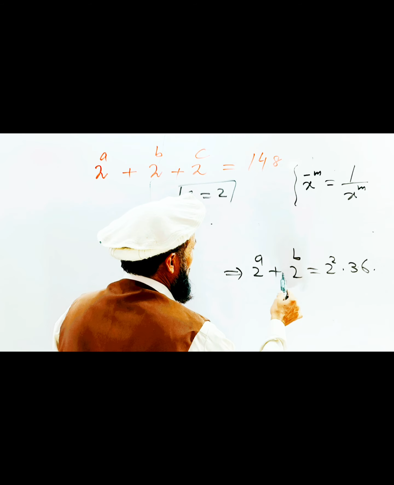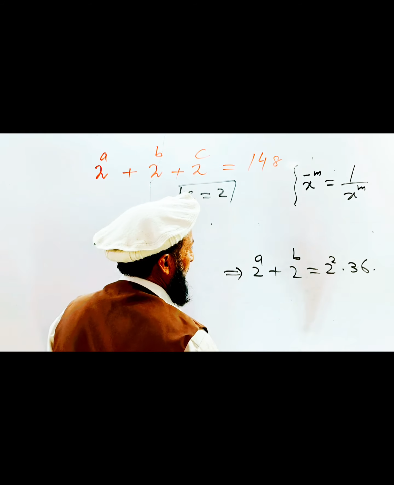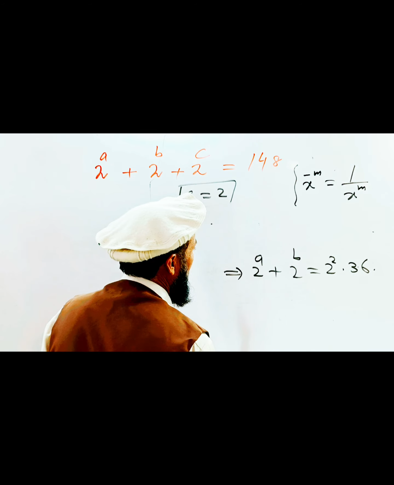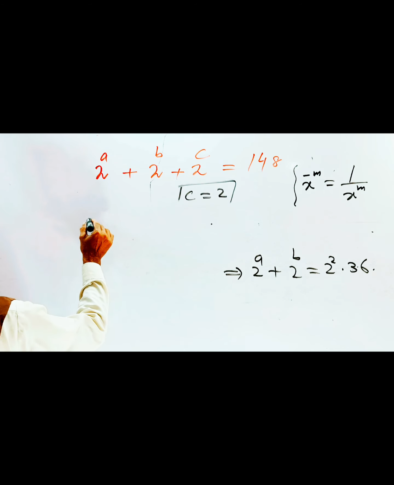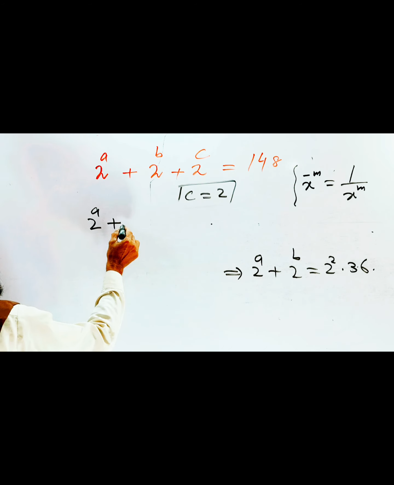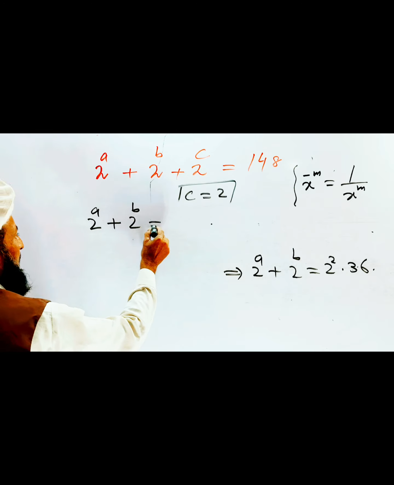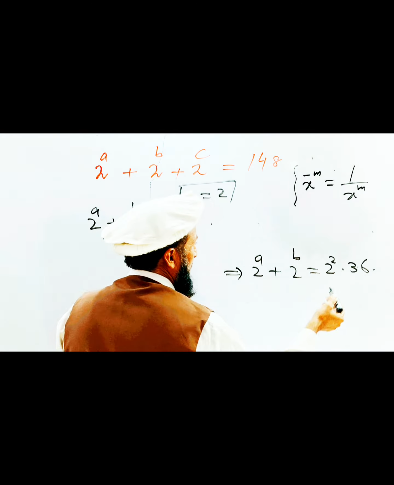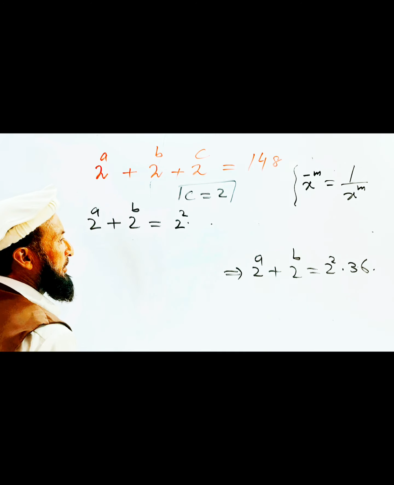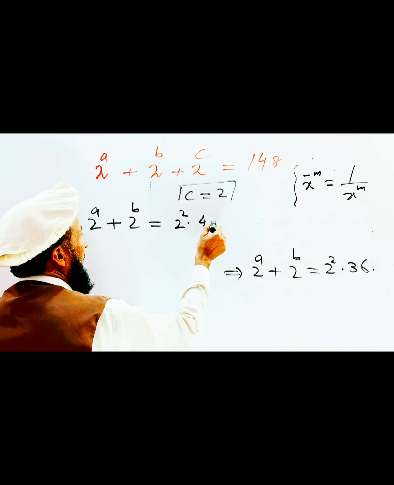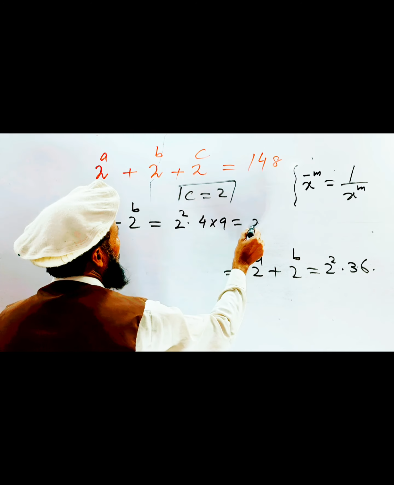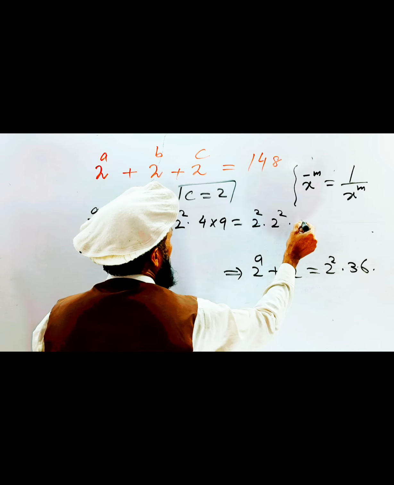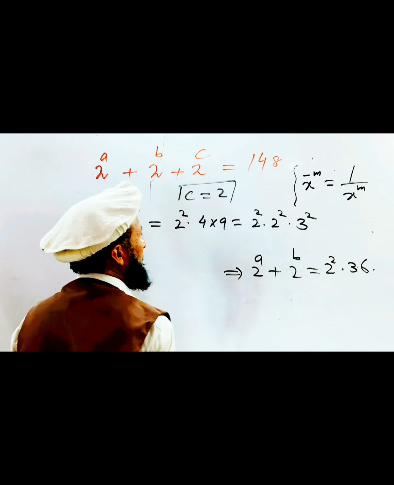Both are even numbers, and here also both are even numbers. Now we change this result. So 2 exponent of a plus 2 exponent of b is equal to 2 square and 2 square, and this one we can write as 4 multiplied by 9, which is 2 square into 3 square.